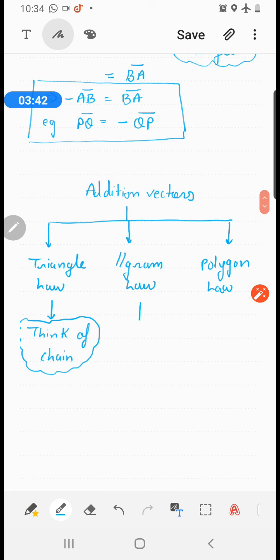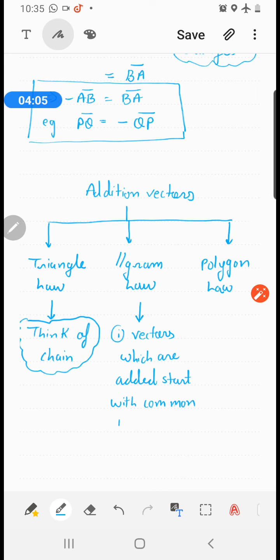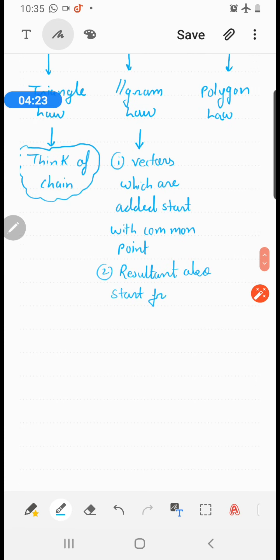When I say parallelogram law, number one, the vectors which are added start with a common point. Number two, the resultant, that is the answer, also starts from the same point.